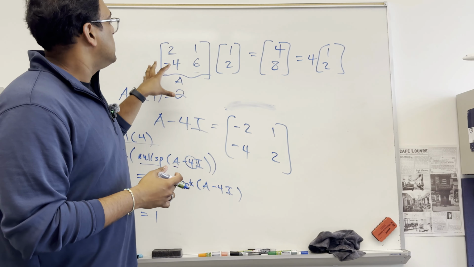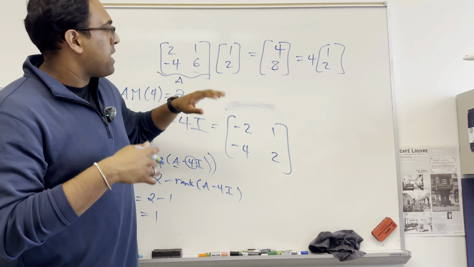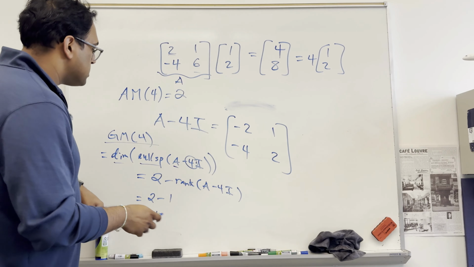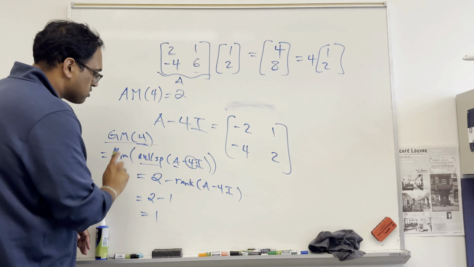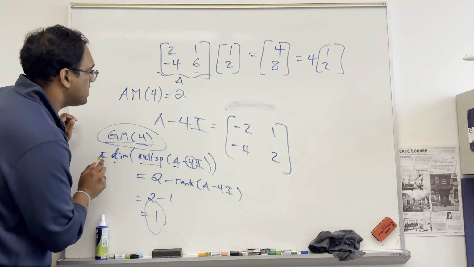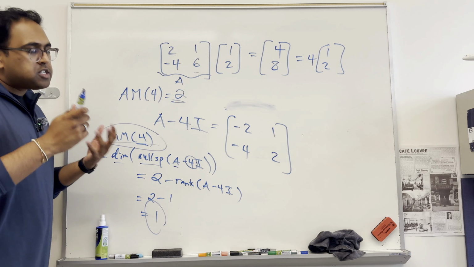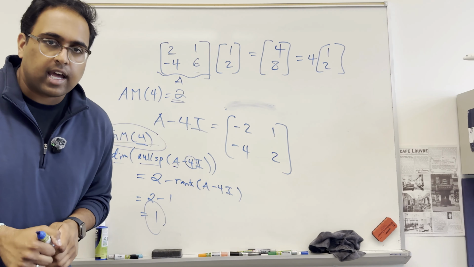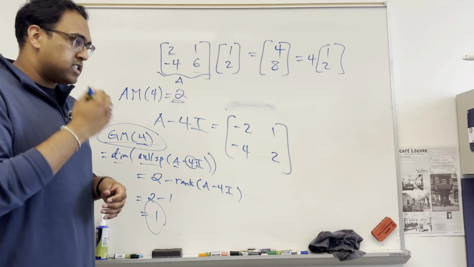Any other vector that if I multiply it by A, I get back 4 times itself is just going to be a scalar multiple of 1, 2. So since the dimension of the eigenspace for lambda equals 4 is just 1, the geometric multiplicity of 4 is 1. That is less than 2. That means this matrix does not have n, or 2, linearly independent eigenvectors, so this matrix is not diagonalizable.